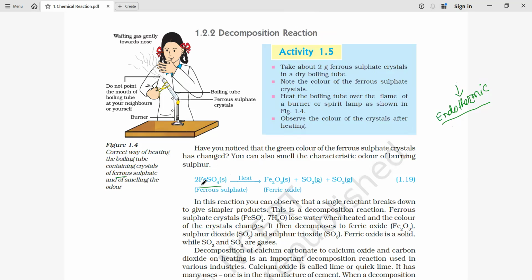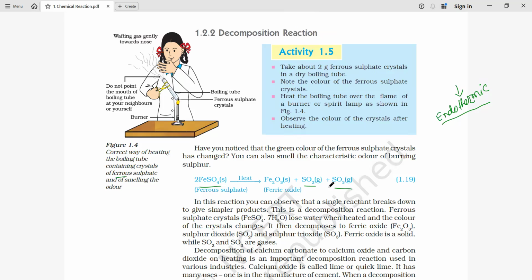तो ड्यूरिंग दिस क्या हो रहा है? FeSO4 अपने कंपोनेंट्स में टूट रहा. So this ferrous sulfate is going to provide ferric oxide, that is Fe2O3, and we have SO2 and SO3. SO2 is sulfur dioxide, SO3 is sulfur trioxide. So finally, these are the products.